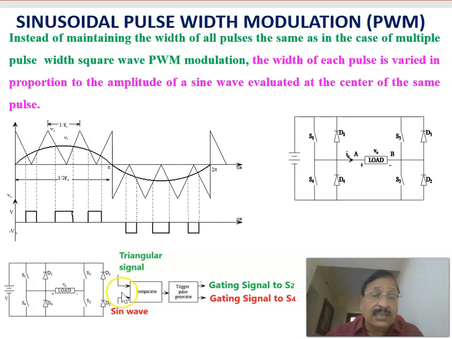And once the magnitude of the sine wave signal is more than the triangular signal, that corresponding switch is closed. In this case, S2 is closed during the positive half cycle, and in the negative half cycle, S4 is closed. Therefore, this is a control method, and thereby across A and B, you will be getting a voltage like this one, whose pulse width is changing proportional to the magnitude of the modulating signal.